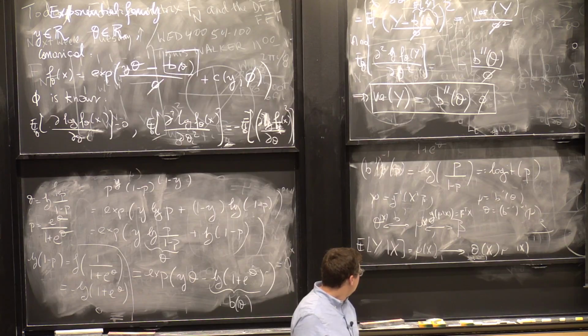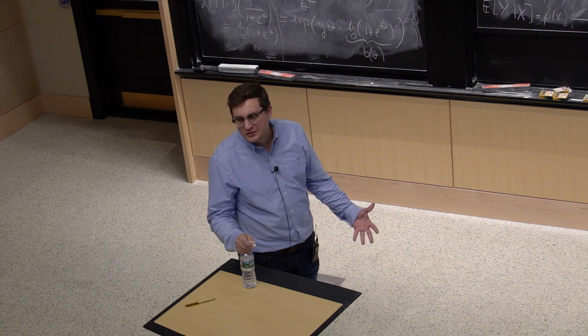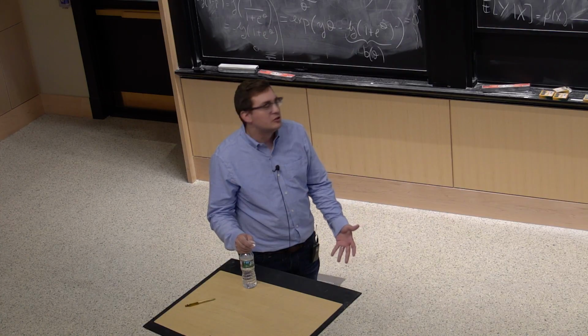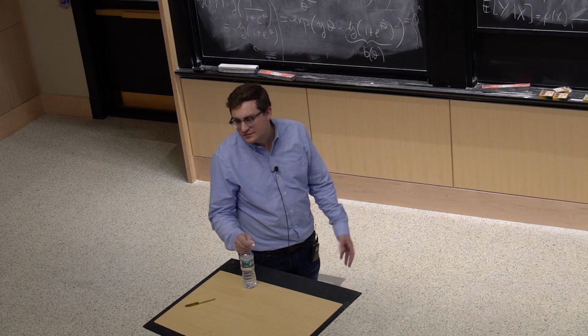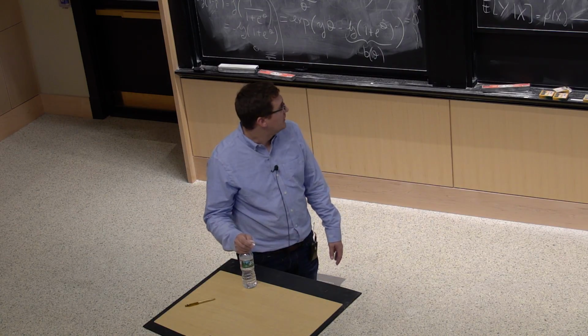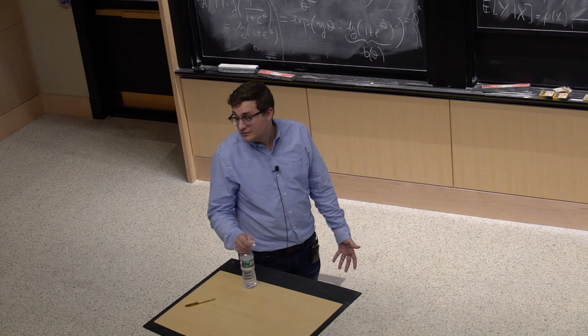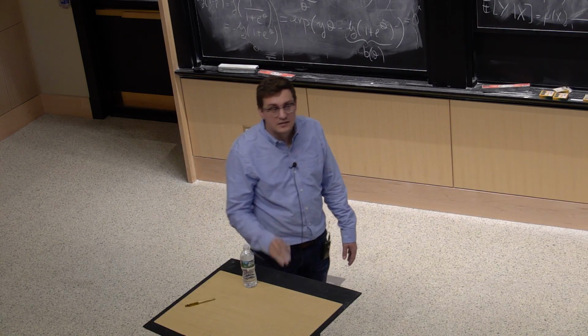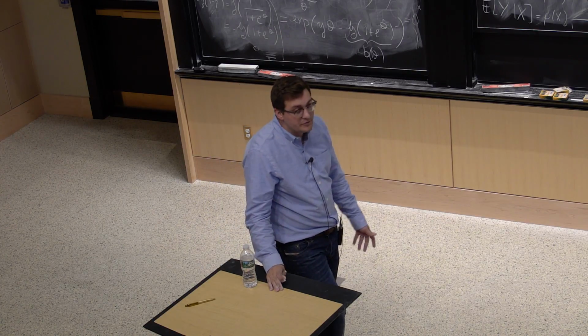I could look at any property of the conditional distribution of y given x. I could look at the conditional 95th percentile, the conditional median, the conditional interquartile range, the conditional variance. But I decide to look at the conditional expectation, which is called the regression function.